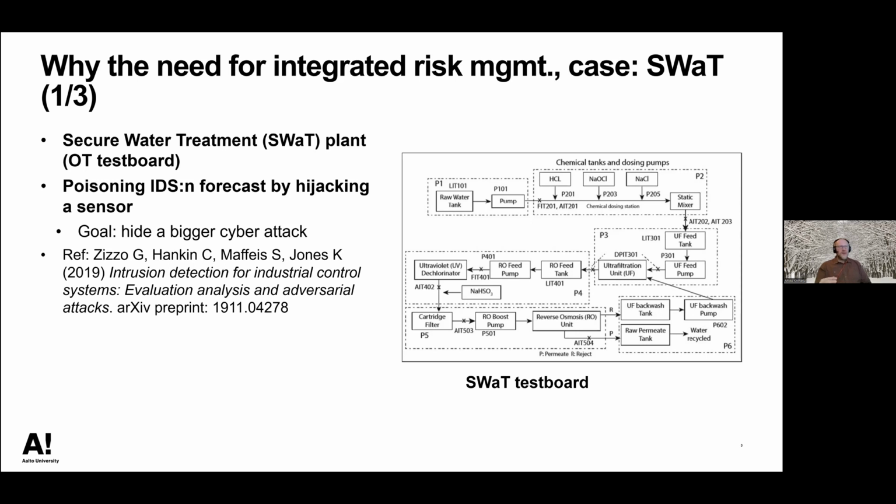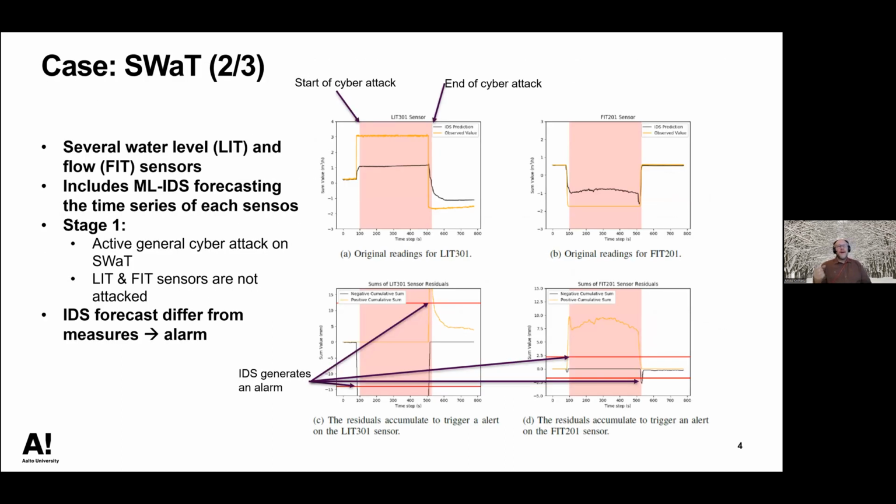The way they basically use the system is to try to predict what the actual sensors will produce. And if the sensors suddenly start producing values that are different from the prediction, they will raise an alarm.